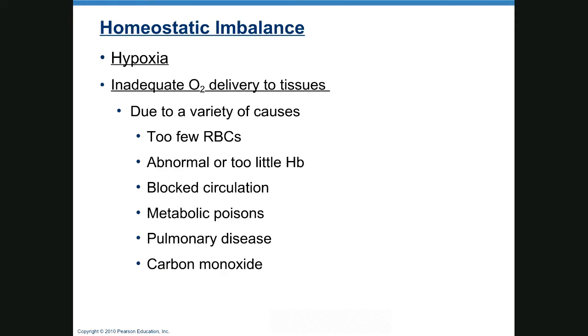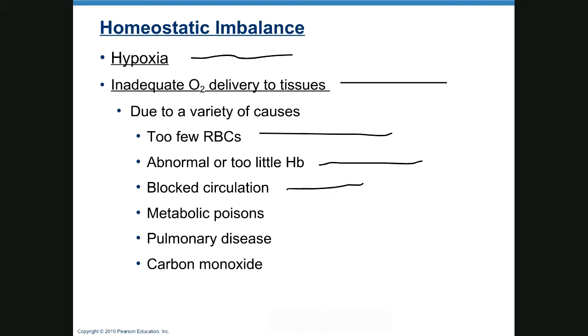Homeostatic imbalance: hypoxia, inadequate delivery of oxygen to tissues. It could be from not having enough red blood cells, abnormal red blood cells, or blocked circulation, such as when you have a heart attack, so you have hypoxia to that specific part of the heart. Some metabolic poisons prevent delivery of oxygen.